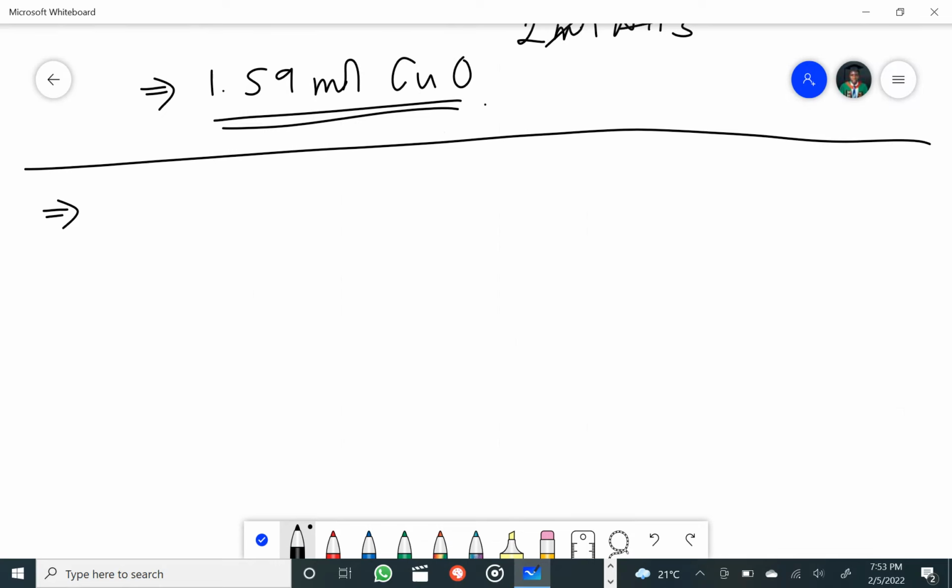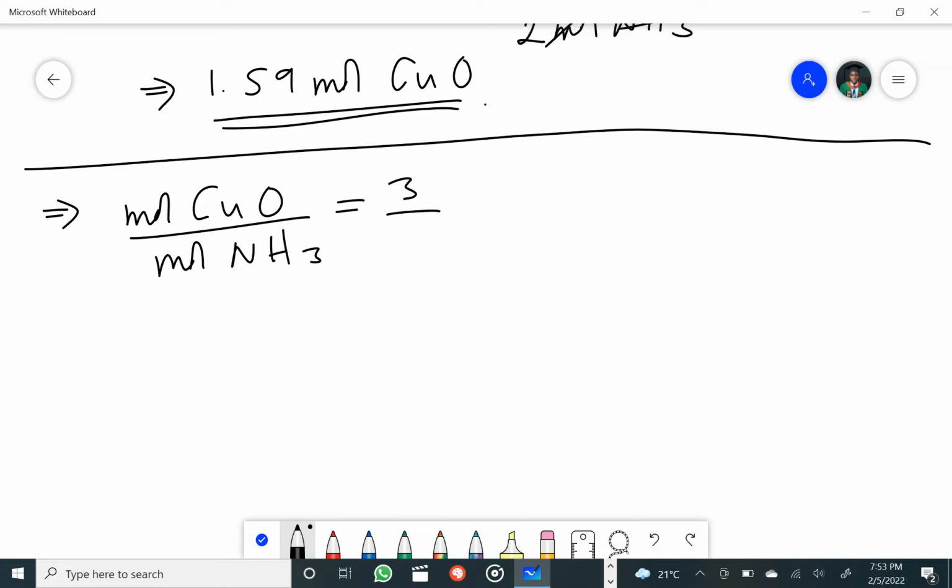Some people say, let's take the moles of copper 2 oxide and the moles of ammonia, what are their ratios? The ratio we figured out was 3 to 2. So they'll say it's 1.5, according to the equation.